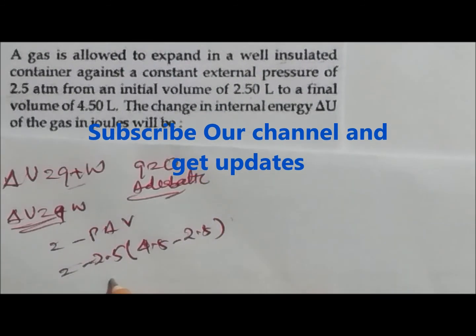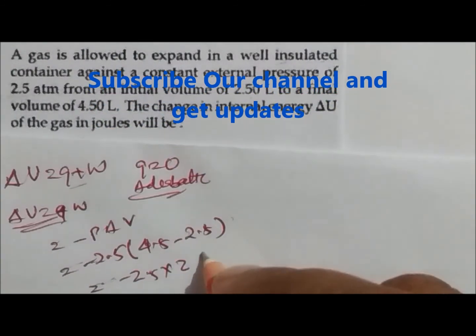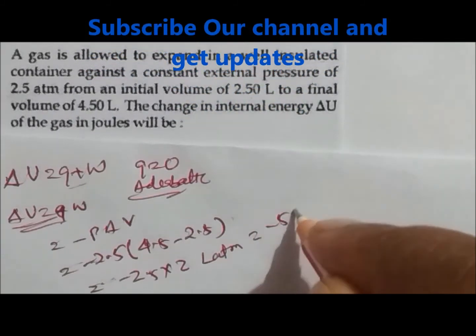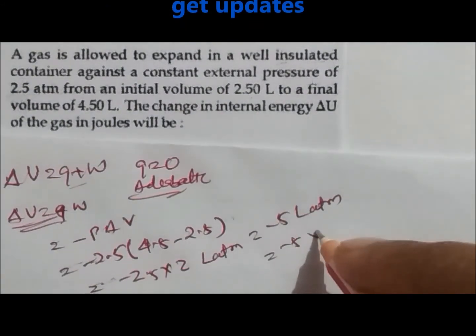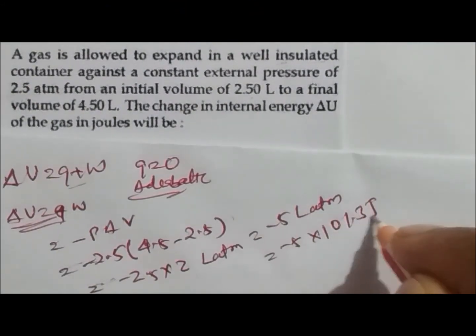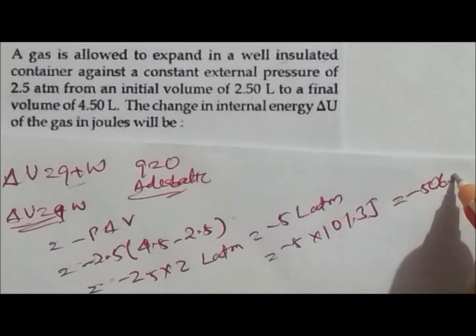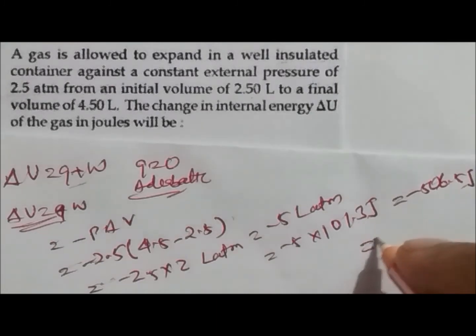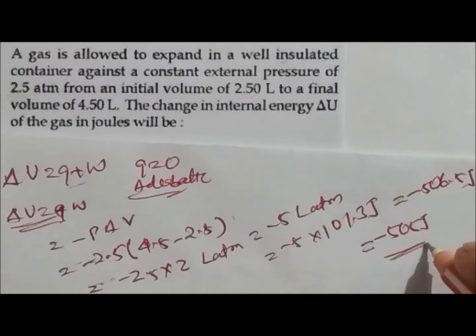On solving, this is 2.5 into 2 liter atmosphere. If you solve it, it becomes minus 5 liter atmosphere, and we can convert it: 1 liter atmosphere is nothing but 101.3 joule. So you will get minus 506.5 joule, or total energy will be about minus 505 joule. So this is our answer.